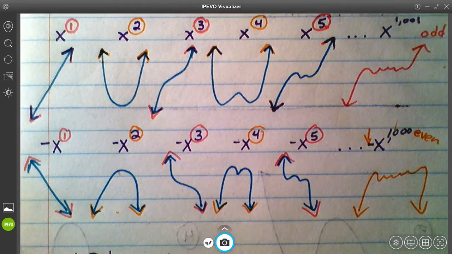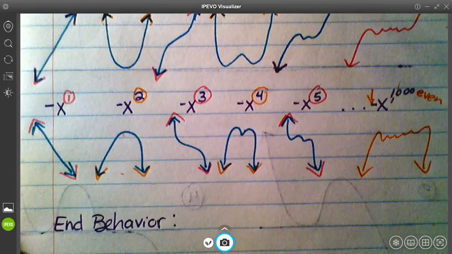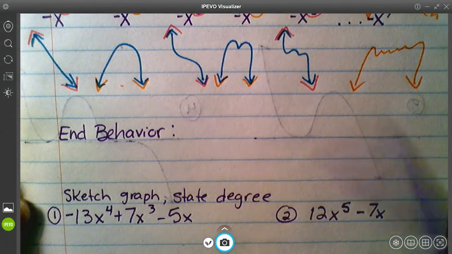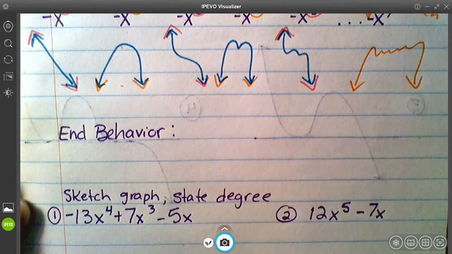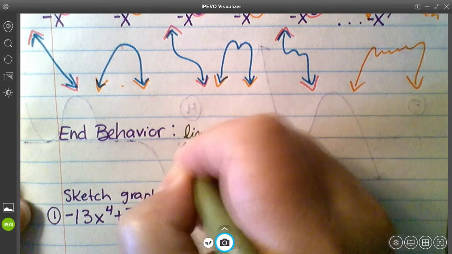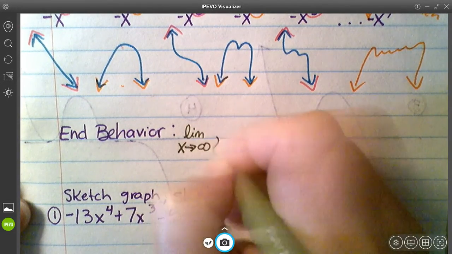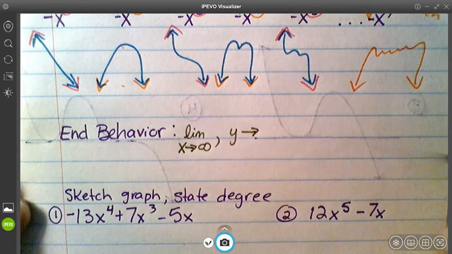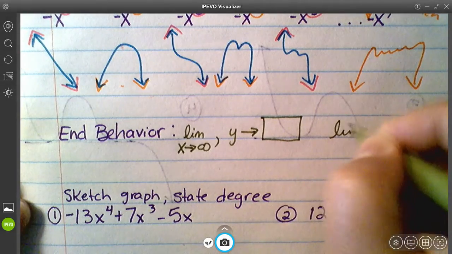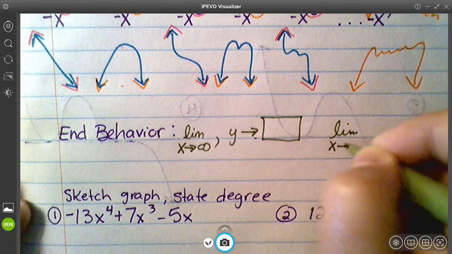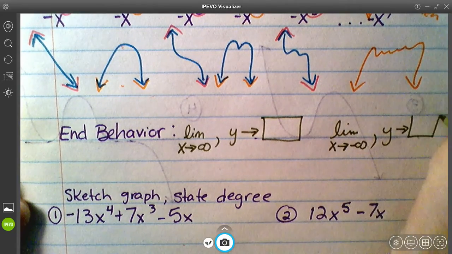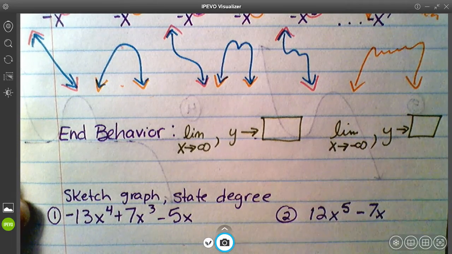All right. So the way we write end behavior. Before, we used limit notation. And we could still use limit notation. So the limit as x goes to positive infinity, what is y doing? And the limit as x goes to negative infinity, what is y doing? Okay, so that's how we were writing it before.